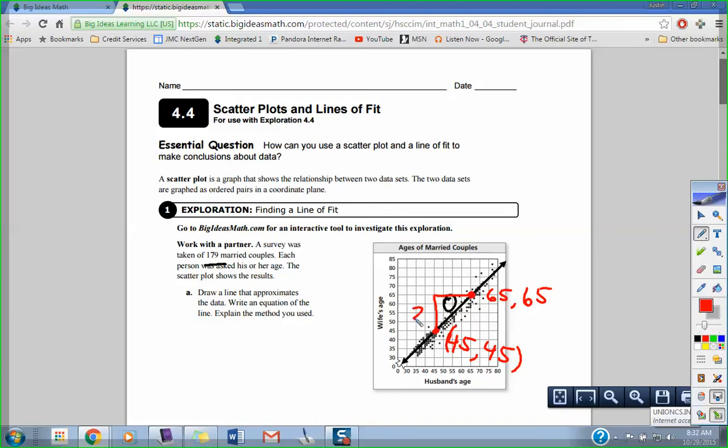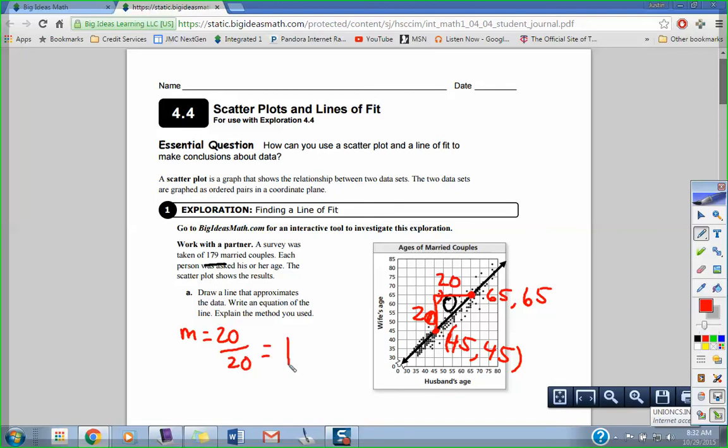How about your run when you do 65 minus 45 right there? 20 as well. So guys, you agree the slope is 20 over 20? What value is that? 1.